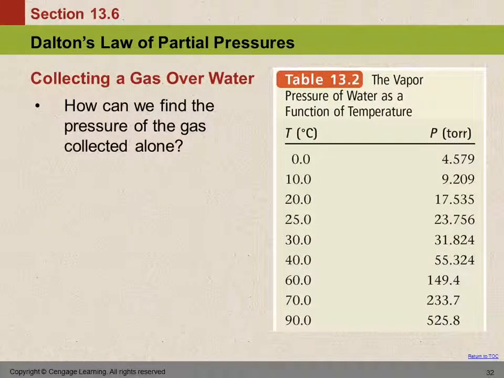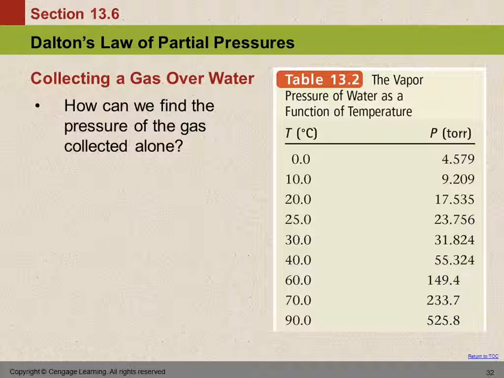The pressure of the water vapor depends only on the temperature of the water. So this is very convenient because all we need to know is what temperature the water is, and then we can look up in a table what the pressure of the vapor is, because they've done experiments and measured this. So you see at 0, the pressure of the water is 4.579 torr, and as the temperature of the water increases, the partial pressure of the water vapor increases too.